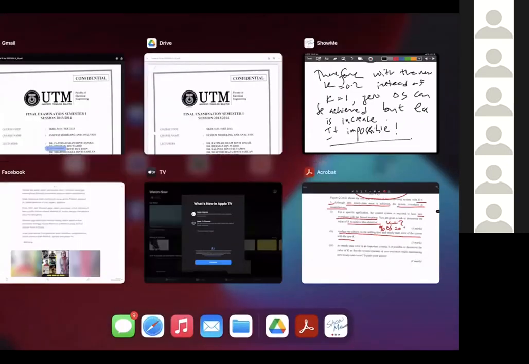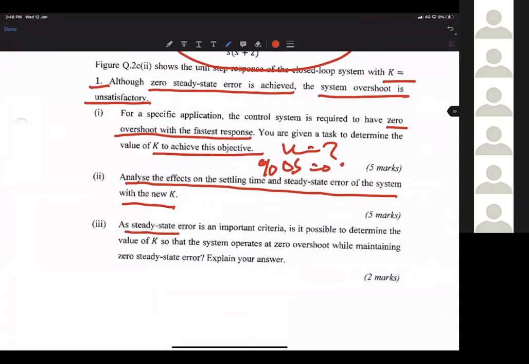Next question. Steady state error is an important criteria. Is it possible to determine the value of K so that the system maintains zero steady state error? Explain your answer.